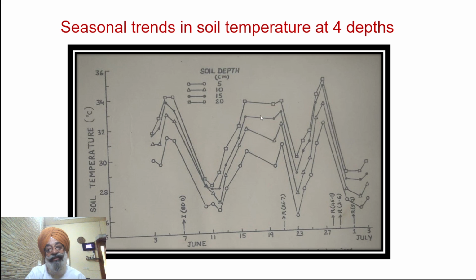Then here it was rain, 25.7 millimeter, temperatures again fell down, again started increasing. Then we had two events of rain, and again there was a sharp fall in temperature, again rising.